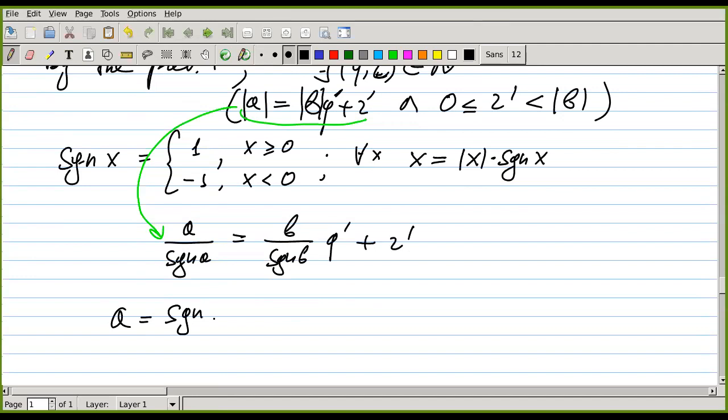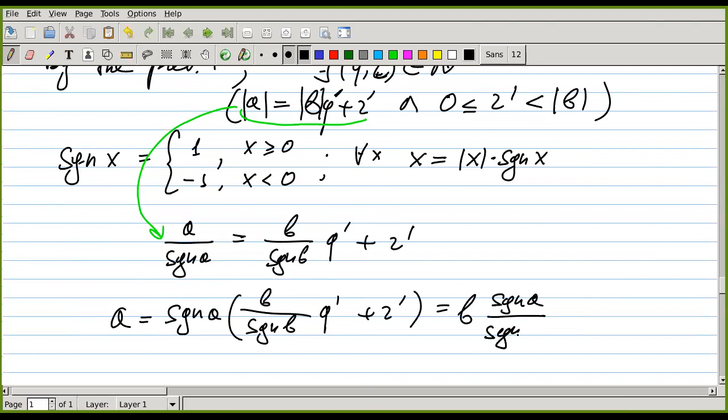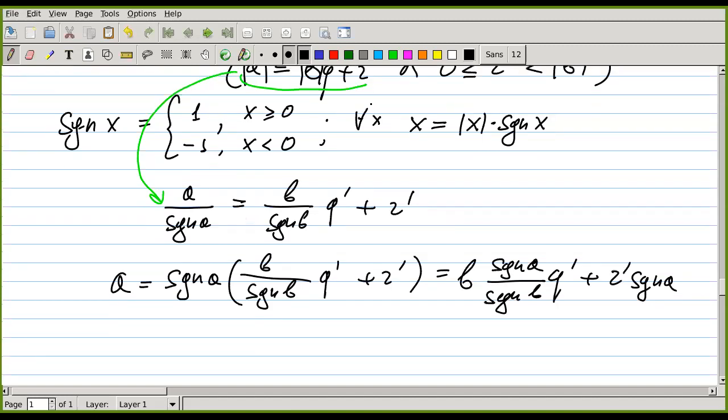Yes. Or one can put it the following way: B multiplied by the sign of A over the sign of B, Q prime, plus R prime, the sign of A. Isn't that the expression for A we are required?